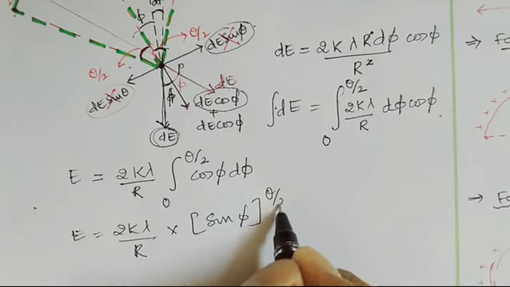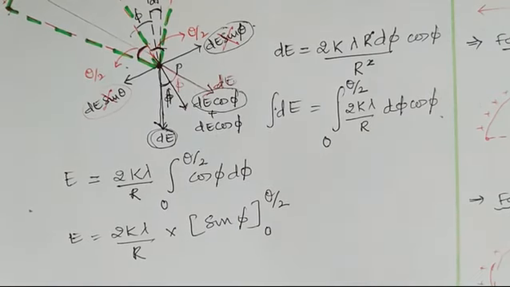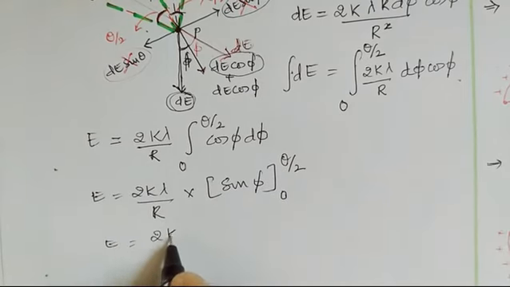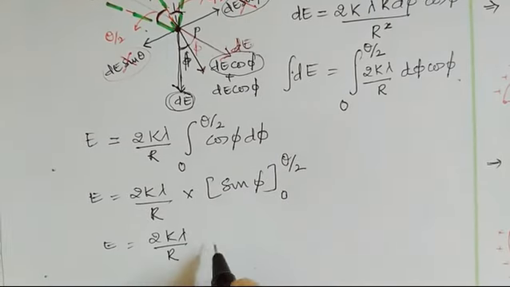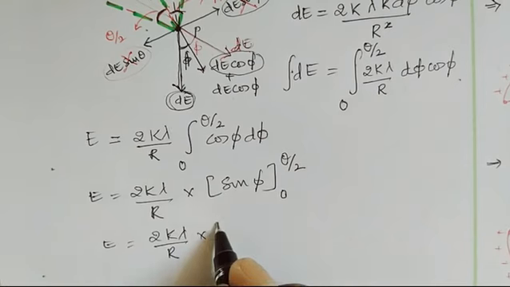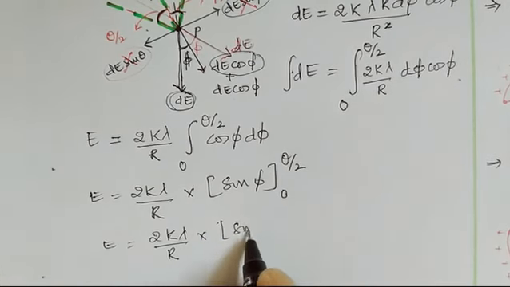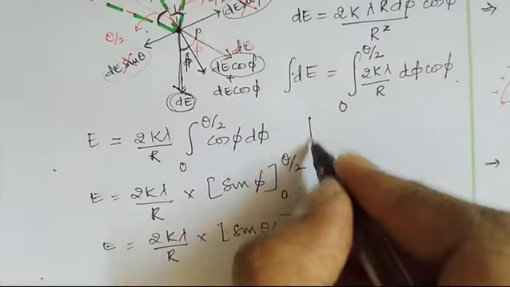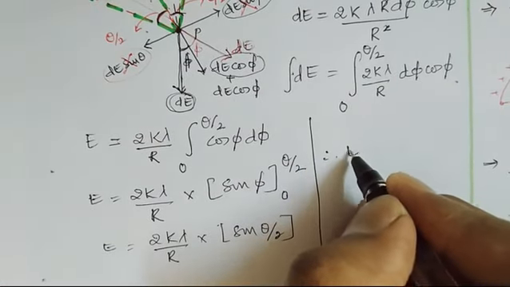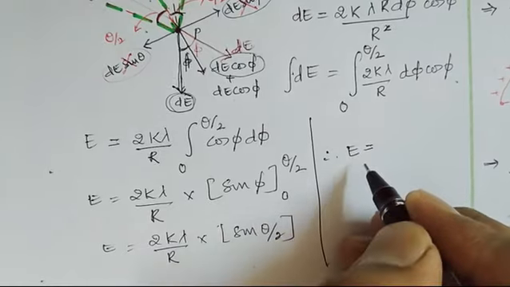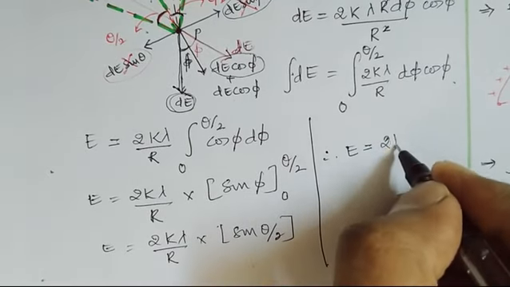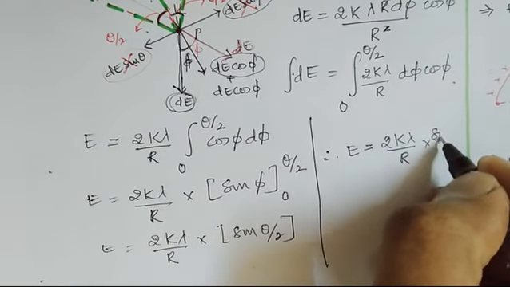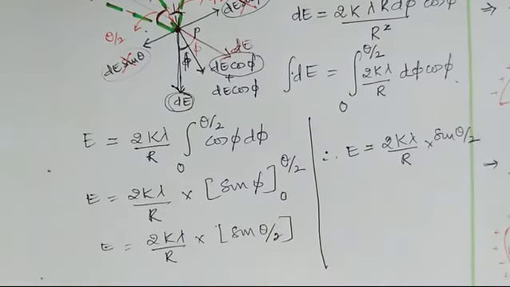Upper limit is theta by 2, lower limit is 0. So E is equal to 2k lambda divided by r into sin theta by 2. Therefore electric field due to arc is equal to 2k lambda divided by r into sin theta by 2.